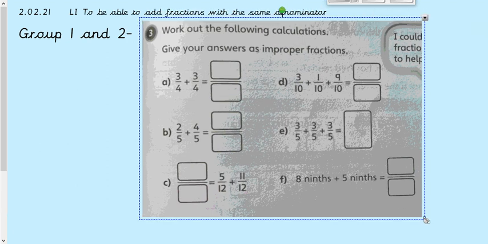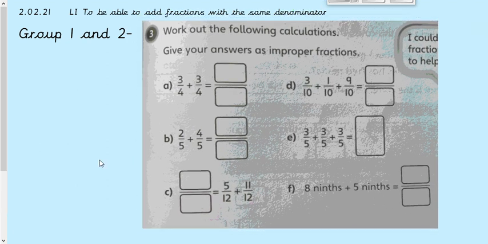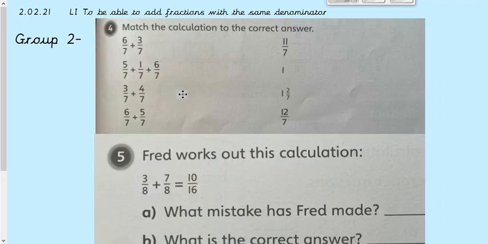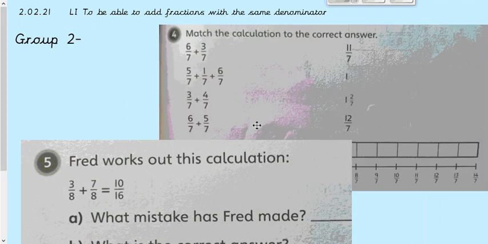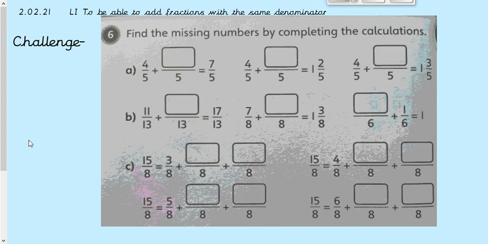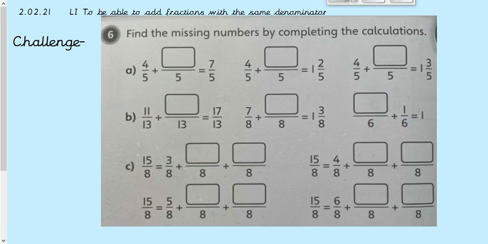This is for group 1 and 2. And this is for group 2. There's a number line at the bottom of that which might be useful. Those are your 2 questions for group 2. And then this is your challenge. Have a go at those, and then at the end we'll go through the answers.